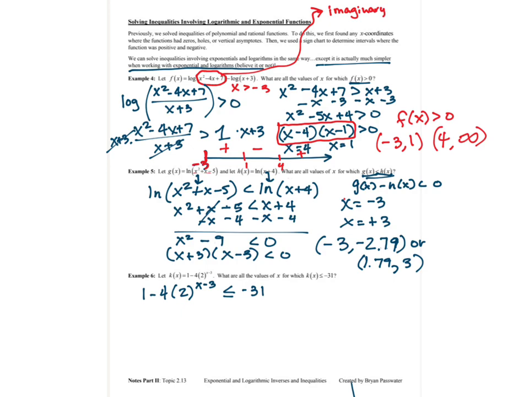Just solve it. Subtract 1. Negative 4 times 2 to the x minus 3 is less than or equal to negative 32. Divide by negative 4. Flip the sign. 2 to the x minus 3 is greater than or equal to 8.